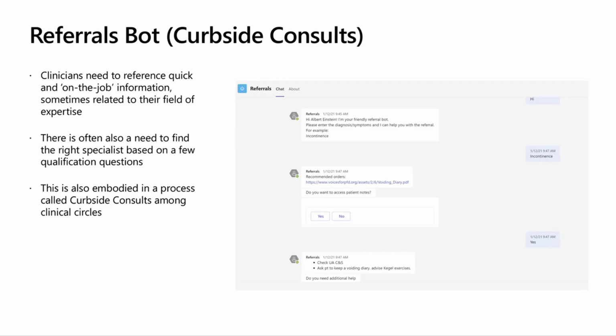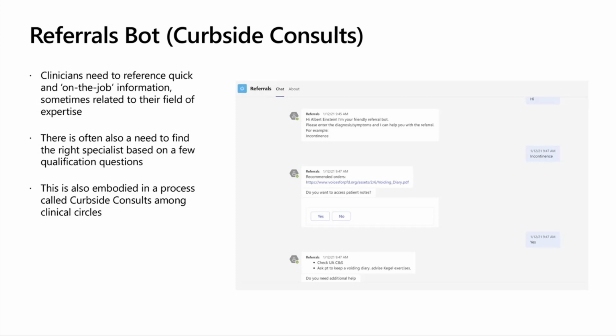So just to take a step back, in this case, you can see in the screenshot, the referral bot is going to prompt the PCP or any other technician or clinical support staff for a prompt. And that prompt could be, in this case, a symptom or diagnosis that they need assistance with.